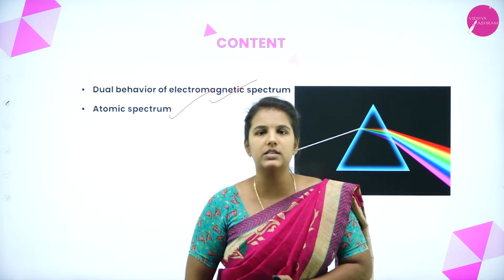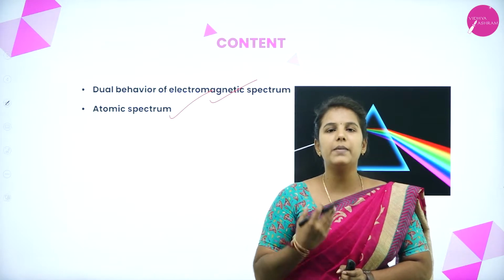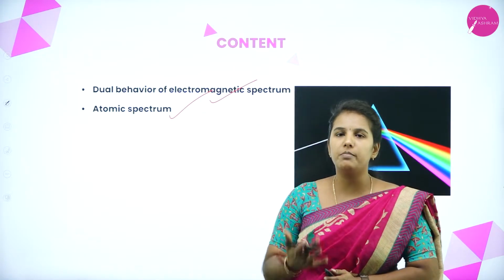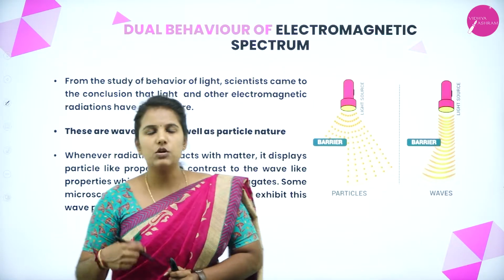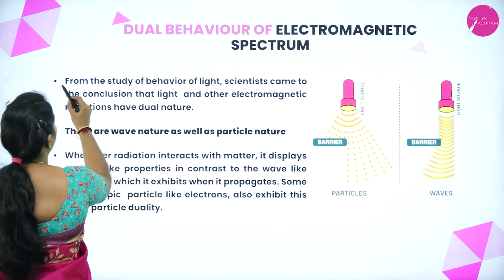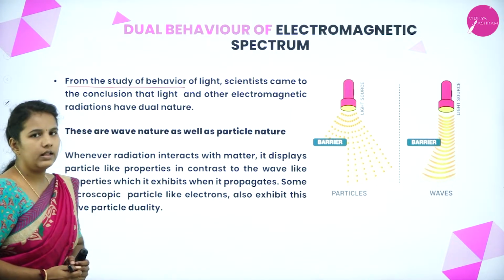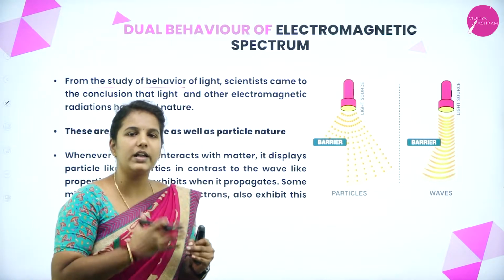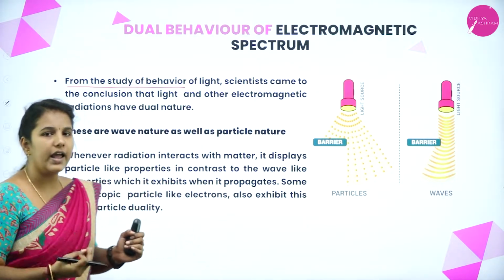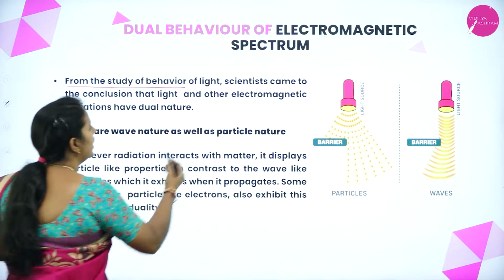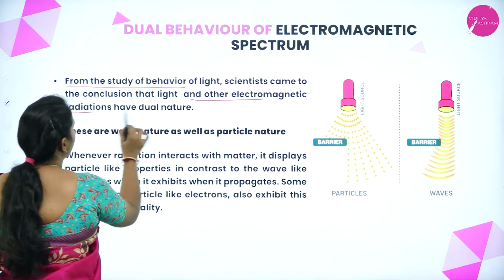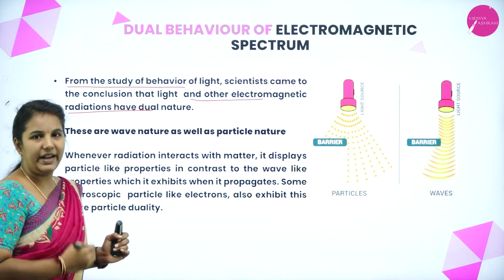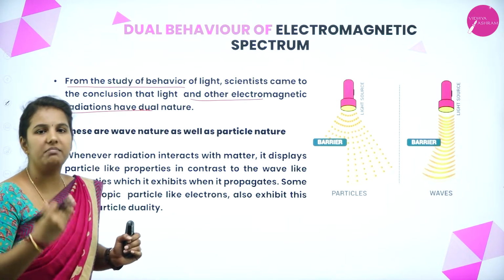So first we will understand what is the dual behavior of electromagnetic radiation. From the studies of the behavior of light, there are many groups of scientists who have studied the behavior of light and come to the conclusion that all light or all electromagnetic radiation has a dual behavior.